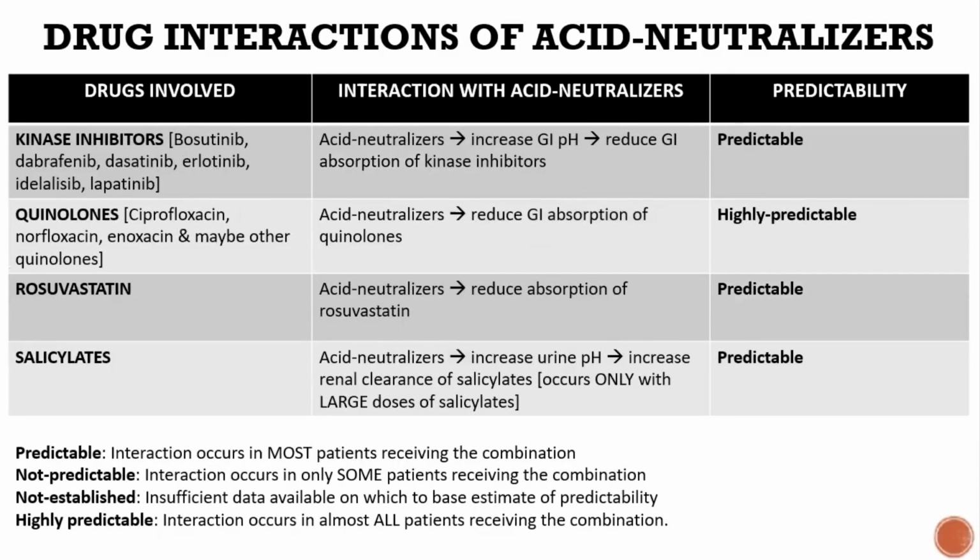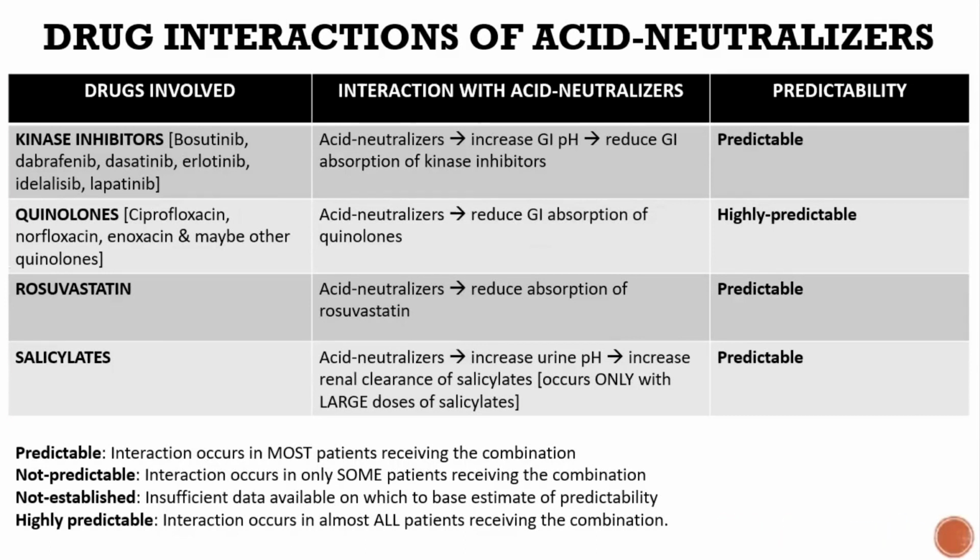Now we come to some anti-cancer medications, which are known as kinase inhibitors. For example, bosutinib, dabrafenib, dasatinib, erlotinib, idelalisib, and lapatinib. So these are actually anti-cancer medications. If acid neutralizers are used with these medicines, again, the same problem. It will increase the GI pH.